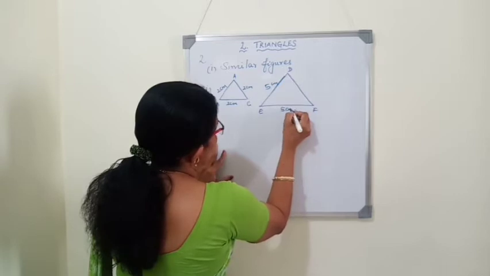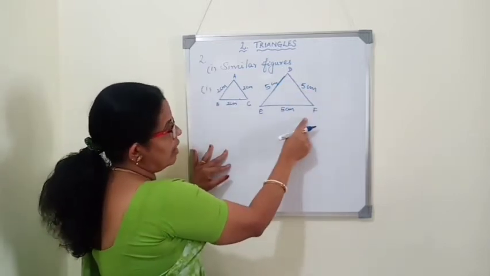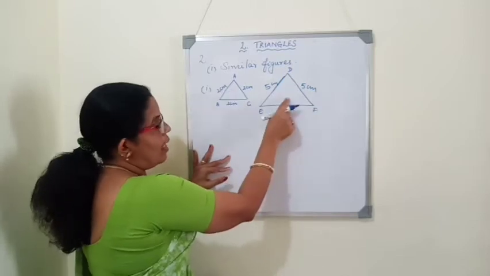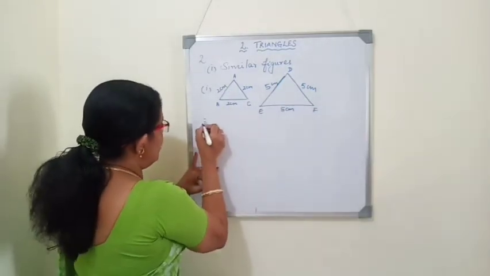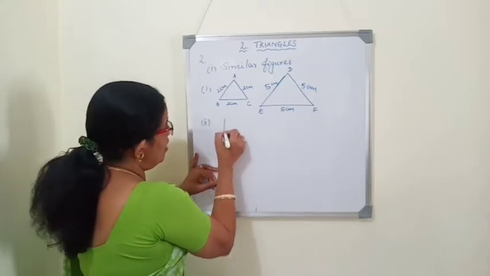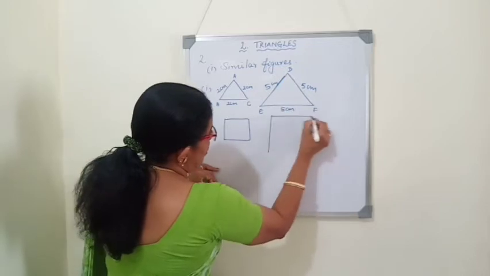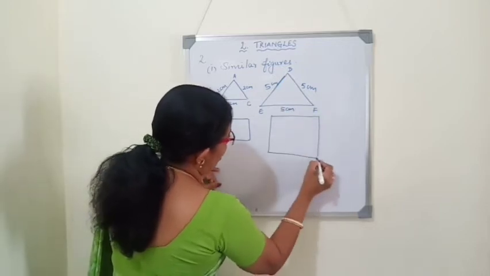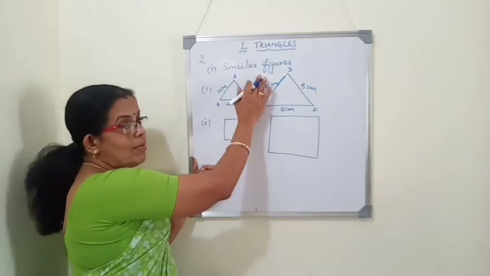All the sides 5 centimeter. So when you find the ratio 2 by 5, all the three ratios will be equal, and as equilateral triangles, angles will be equal. And one more example is squares. Already explained that if you draw two squares having different sides, their angles will be equal and sides will be in the same ratio. So this is an example for similar figures.